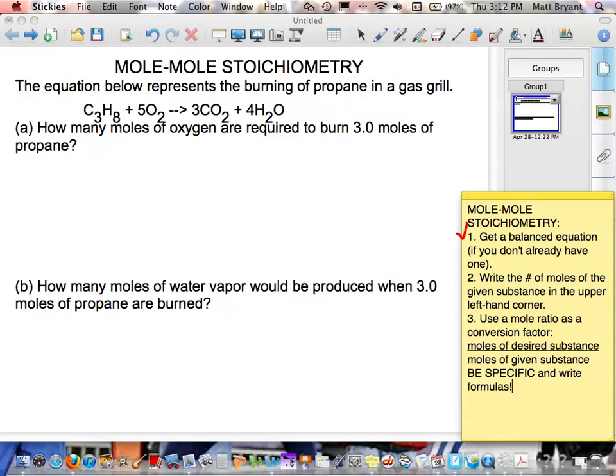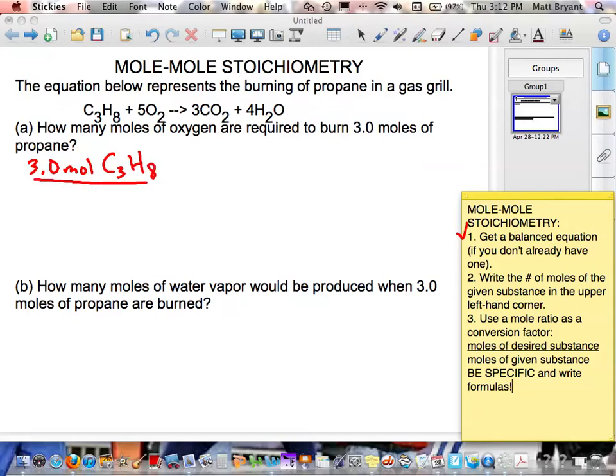So, let's look at part A of this problem. It says, how many moles of oxygen are required to burn 3.0 moles of propane? Now, propane is C3H8. It's the one thing you wouldn't know there, so you could probably figure that out if you needed to. So, we're going to write that, just as we said, up in the upper left-hand corner.